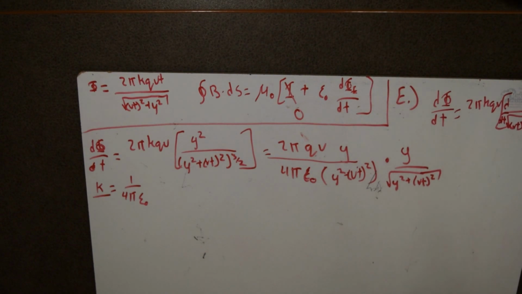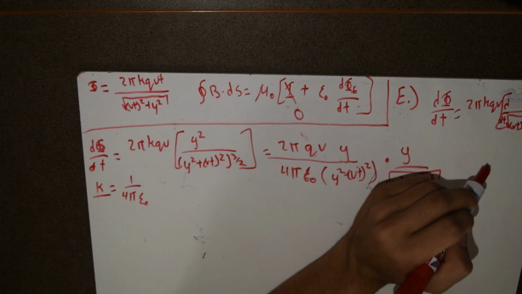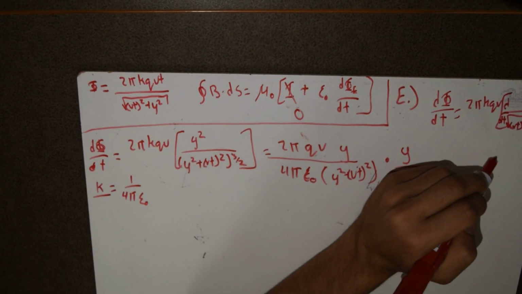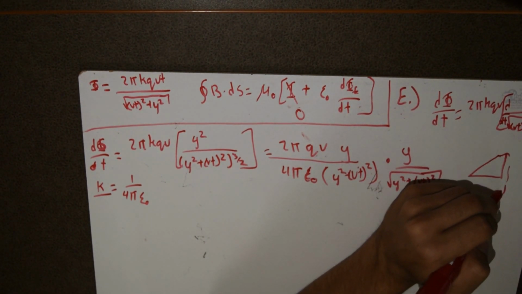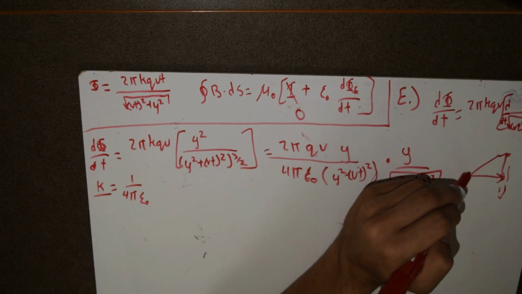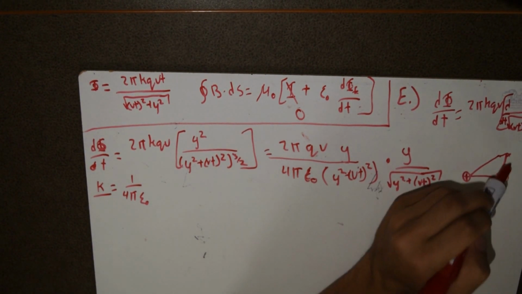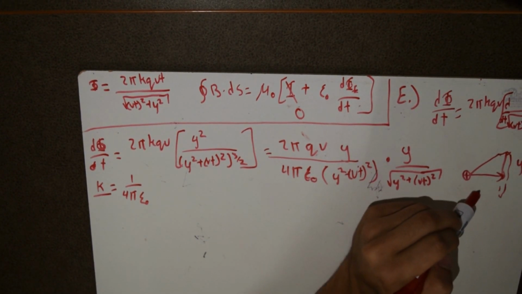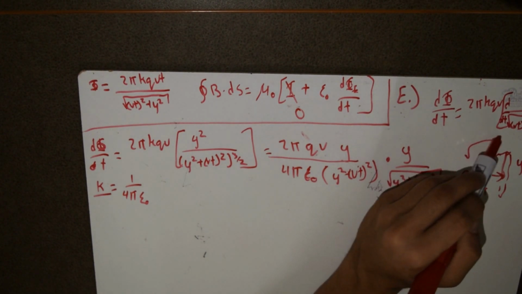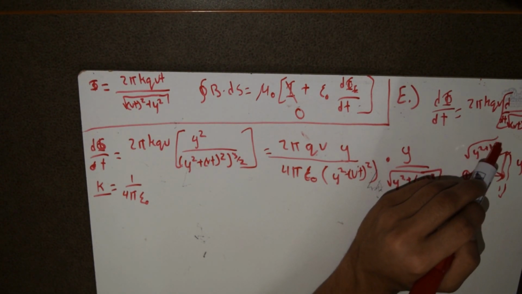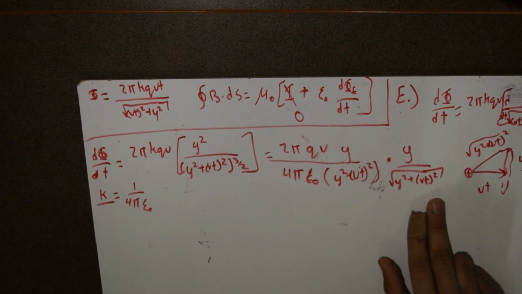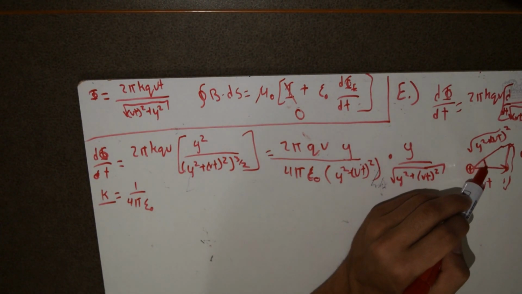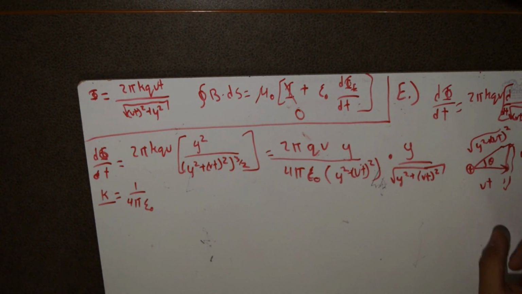This is an important rearrangement that we can make, because if we remember our triangle from the first part, with this being the velocity of the proton, the y, vt, and the square root of y squared plus vt squared. So y over the square root of y squared plus vt squared is the same as the sine of the angle between those.